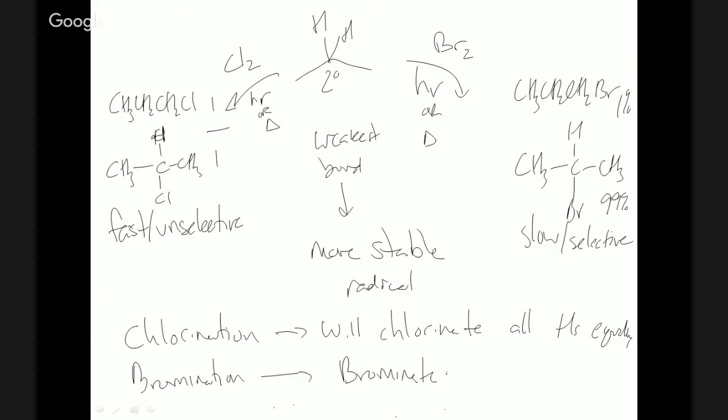Brominations are more selective, selectively at the most substituted CH, or the weakest CH bond, which correlates to the most stable radical. These are really important concepts to understand so that you're not just memorizing, but you can memorize that chlorination is unselective and bromination is selective.